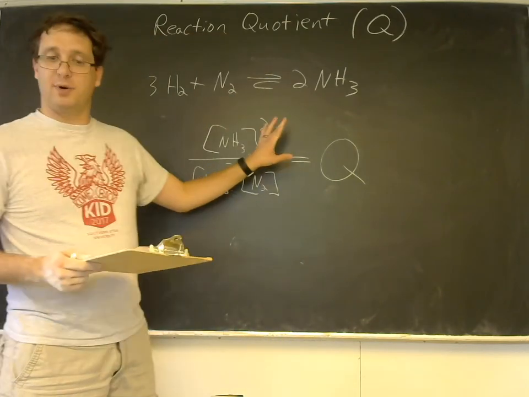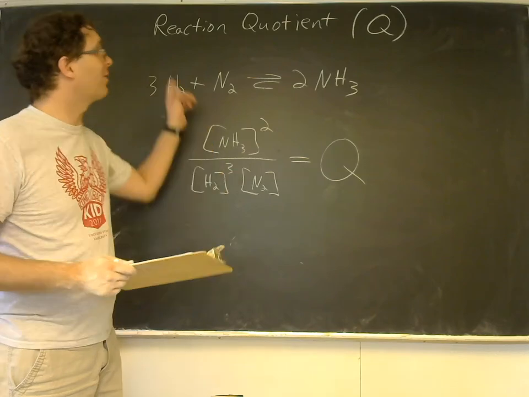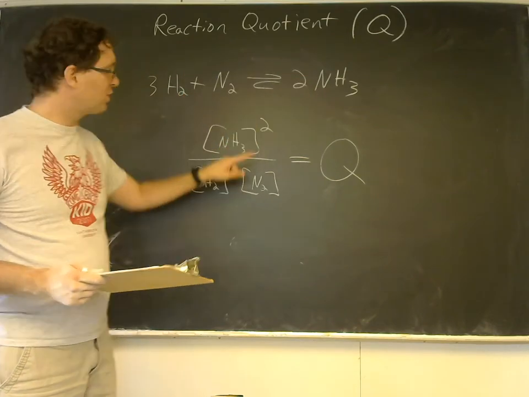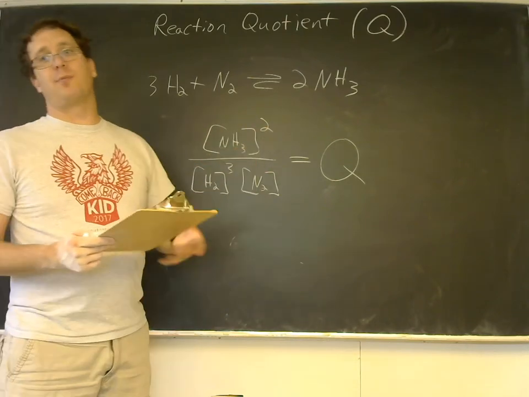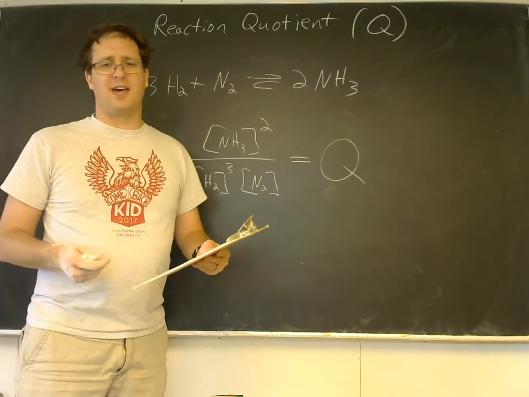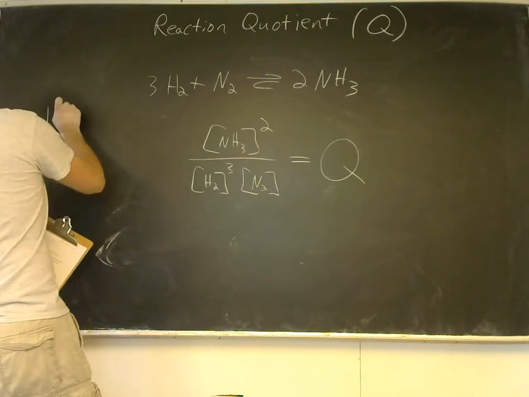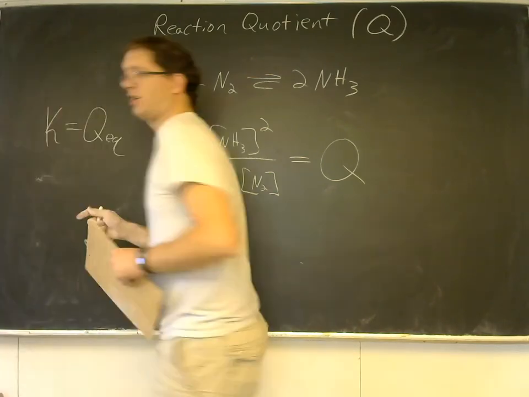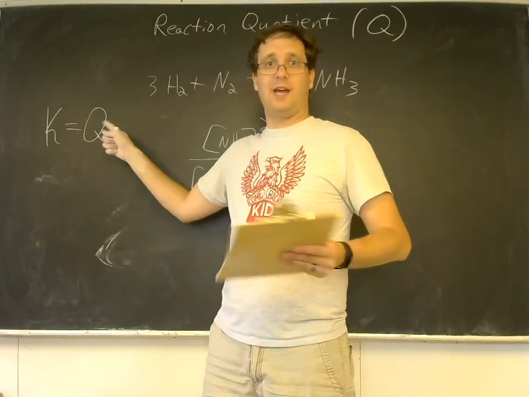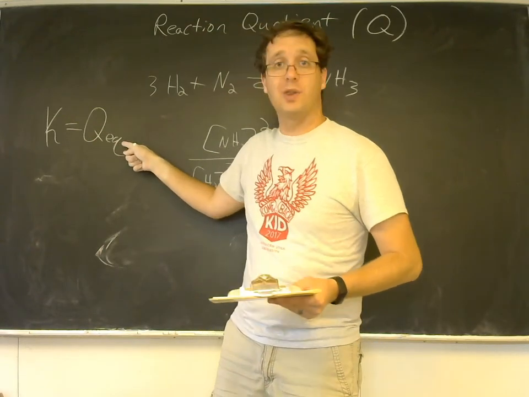No, that number can be really useful, and we call that the reaction quotient. The reaction quotient is just this quantity under non-equilibrium conditions. And another way to say that is that K is actually a special case of the reaction quotient. K is just the reaction quotient under equilibrium conditions.